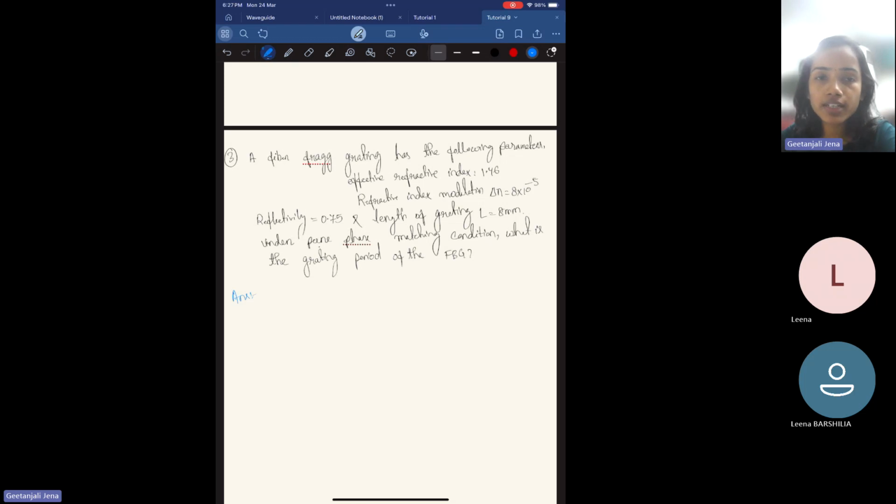A fiber Bragg grating is given, whose first parameter is n effective, which is 1.46.